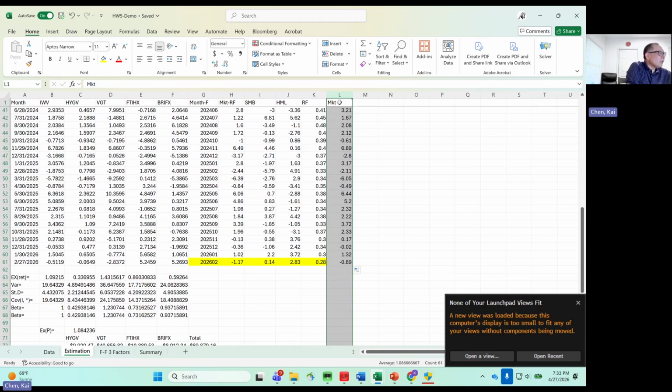Now I'm going to replace this column, IWV, with the French market data.